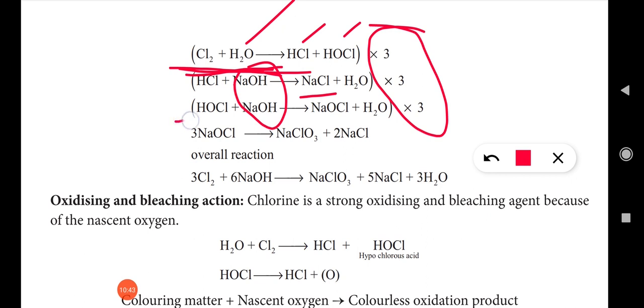Then when HOCl reacts with sodium hydroxide, it forms NaOCl, sodium hypochlorite. Then the overall reaction: 3 molecules of sodium hypochlorite will form sodium chlorate and sodium chloride. Okay, they carry out this reaction in two different conditions.